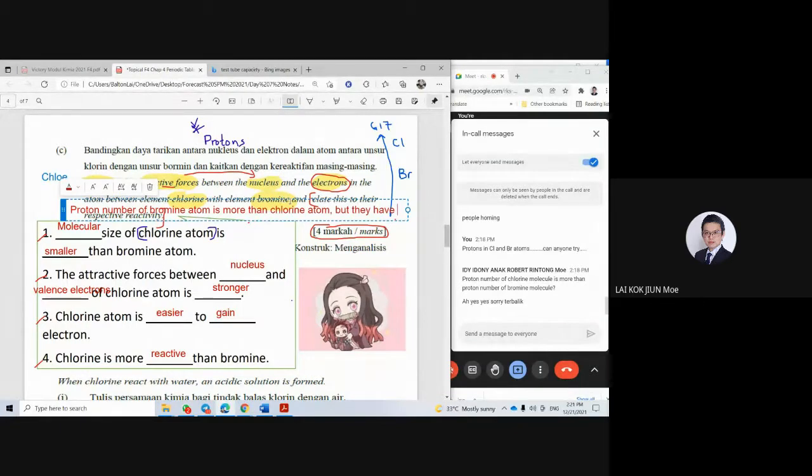Oh, they are different shells also, right? Different shells, because they are not in the same period, right? Okay, so you can just mention like this. That's point one. So the size of the chlorine is smaller than bromine. I think this answer, when you add in point one together with the molecule size, is better. Okay, you try to add this in.